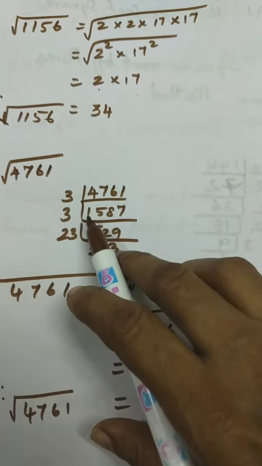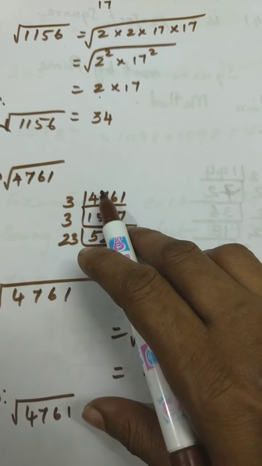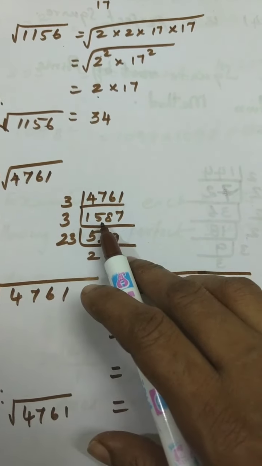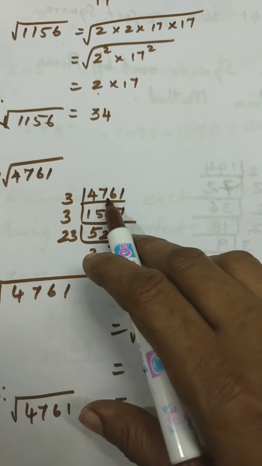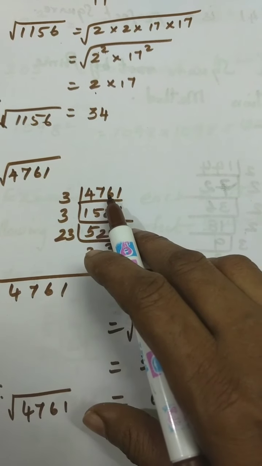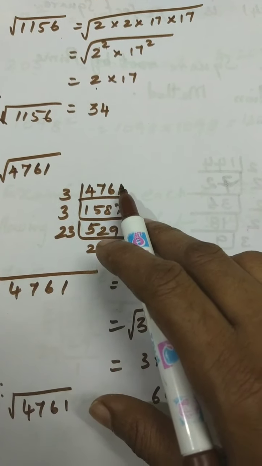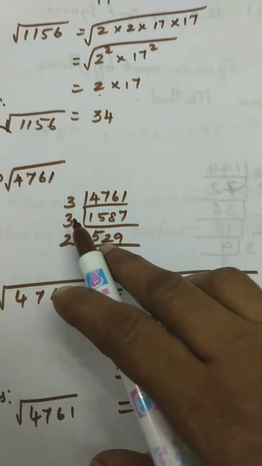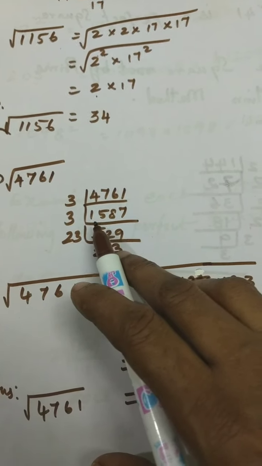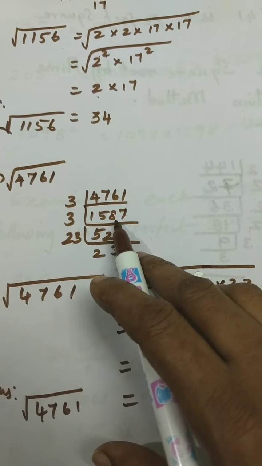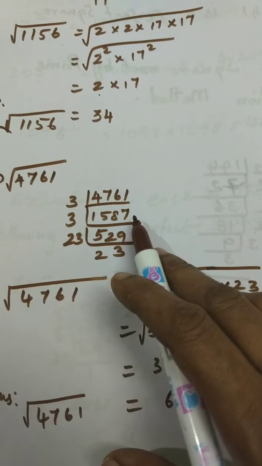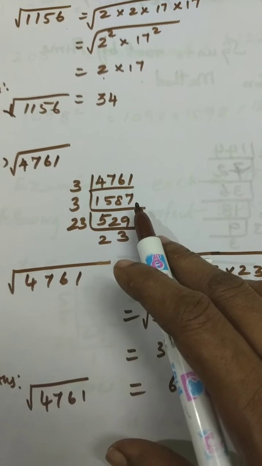Then 3 table 1 times, remaining 1, then it will come as 17, then 3 5s are 15, remainder 2, here 26, then 8 times 24, again 2 remainder, that is 7 times. Again you add this and see: 5 plus 1, 6, 6 plus 8, 14, 14 plus 7, yes, 21.